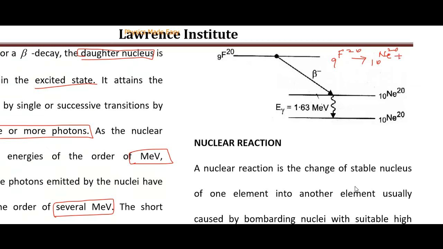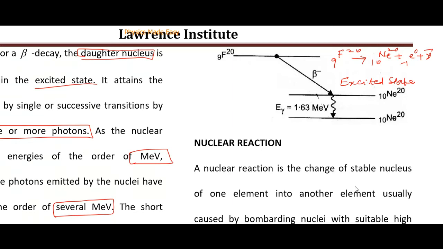A beta particle is emitted, then an antineutrino is emitted. Now this is in an excited state. It de-excites by emitting a photon of energy 1.63 MeV.